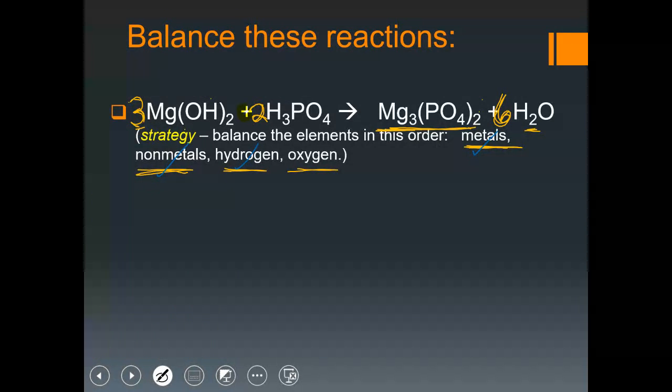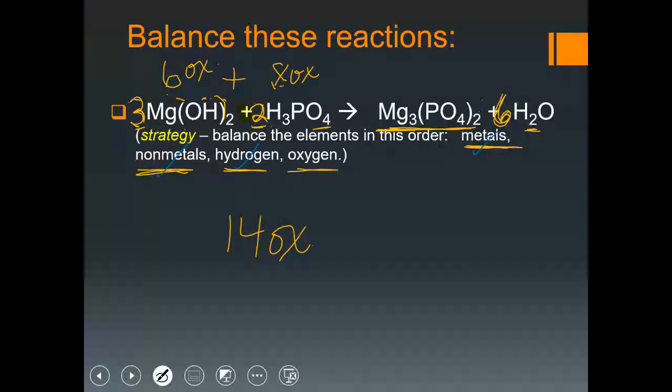So in balancing the oxygen, here again we have 2, see this 2, times the 3, so we have 6 oxygen up here. And we have 2 times 4, we have 8 oxygen right here. So this is a total of 14 oxygen on the left.